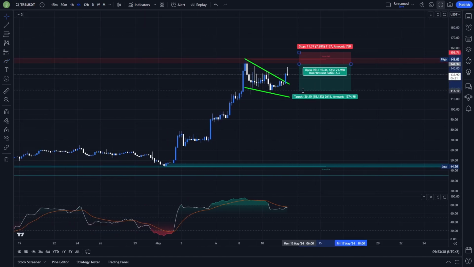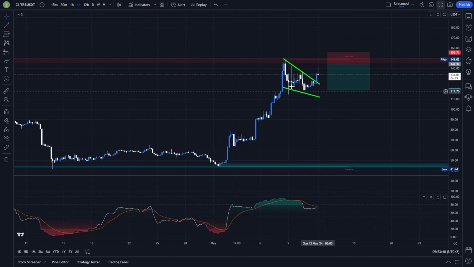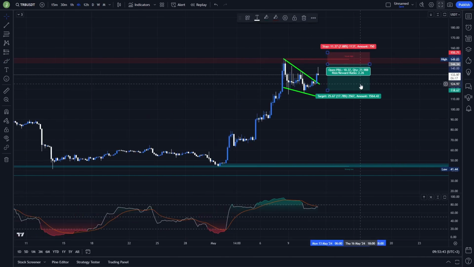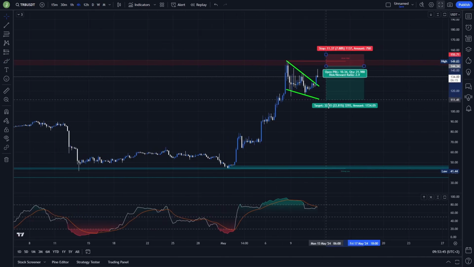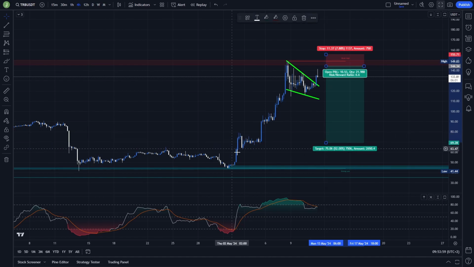The last take profit target in this case you can place either above these previous lows, which will give you a potential risk to reward like 2.26, or you can place it somewhere at these lower levels, or if you think that this coin is gonna drop really heavily, you can place it above these lows.